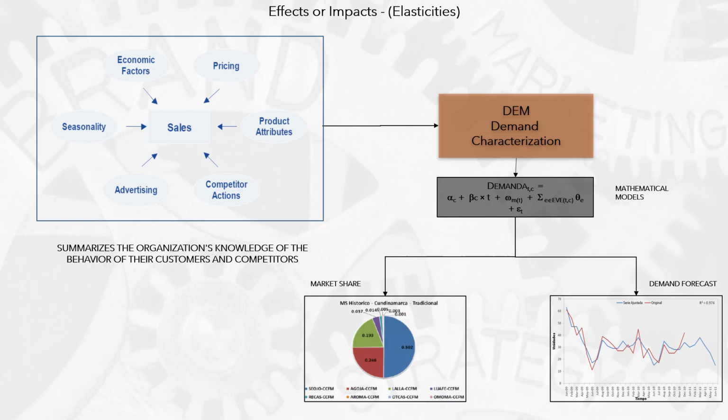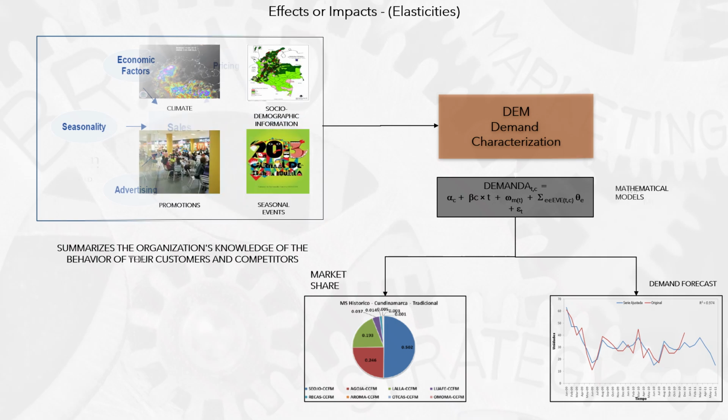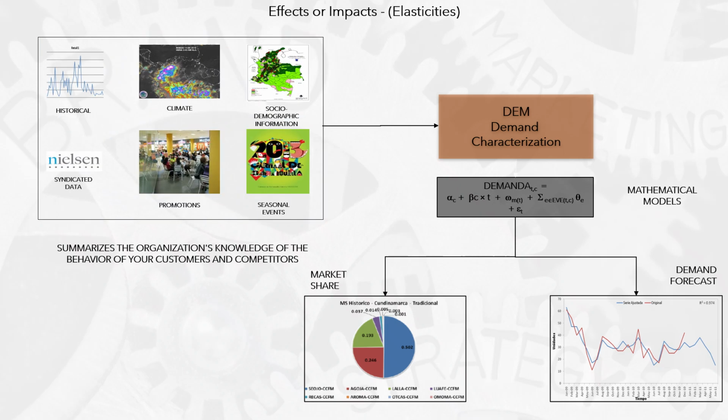The two main results of the DEM model are characterization of the competition, and characterization of the client. This is summarized in algebraic equations, which characterize the mean and the variance of the demand process, so that the characterization is probabilistic. To estimate all the impacts, more specifically the elasticities of demand with respect to the factors, it is necessary to add databases from different sources to the company's databases, depending on the type of market.